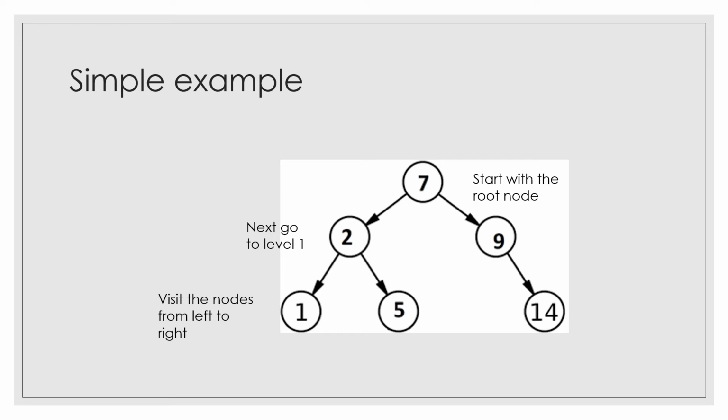And then as you go down each level, visit the nodes from left to right, 1, 5, 14. So a complete breadth first traversal of this tree would go 7, 2, 9, 1, 5, 14. Yes, it really is as simple as that.